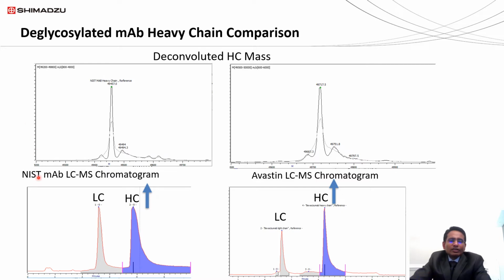So you can see on the upper panel the NIST mAb LC chromatogram and on the right side Avastin LCMS chromatograms. From there you can see the heavy chain and light chain peaks on the bottom, and those two mass spectra are quite different. So that can show which is the therapeutic protein and which is just the normal NIST mAb.